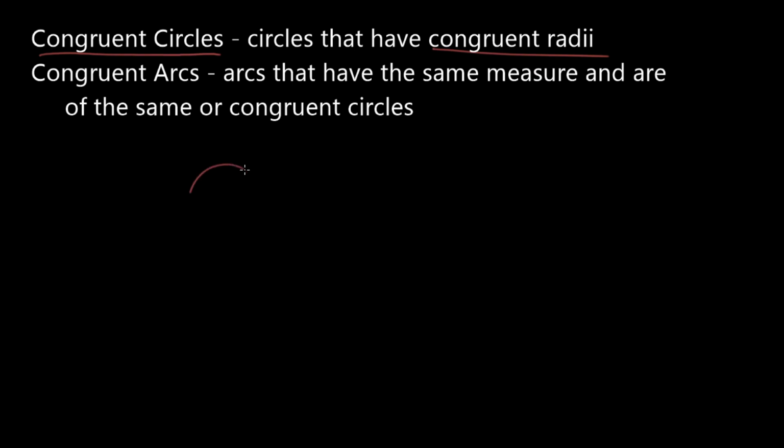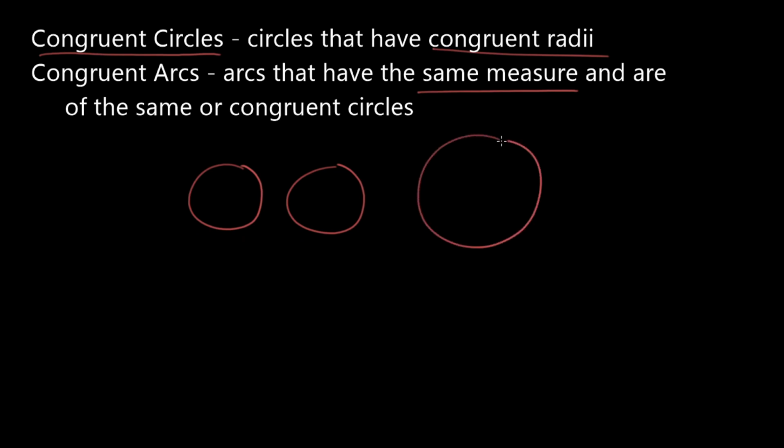Let's see if I can draw two circles that are even fairly, okay, cool. Now, congruent arcs must have the same measure, but it's not enough just to have the same measure, so let's look at a really obvious example. This is the center, this is the center, this is the center.